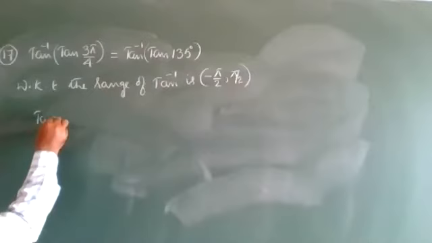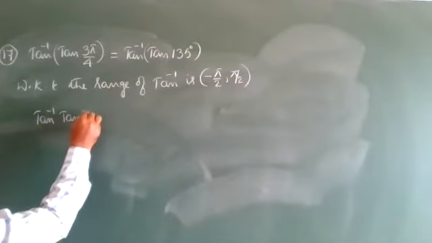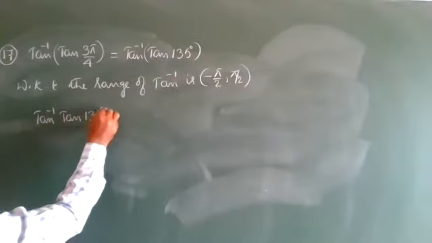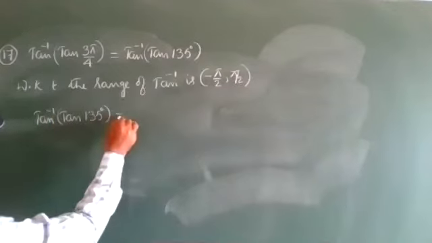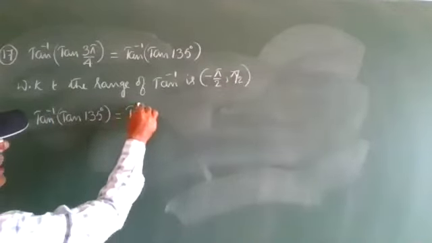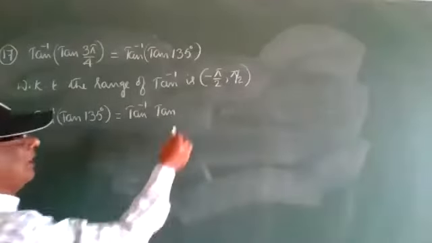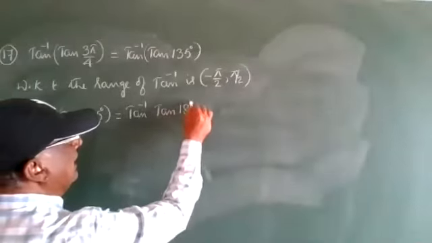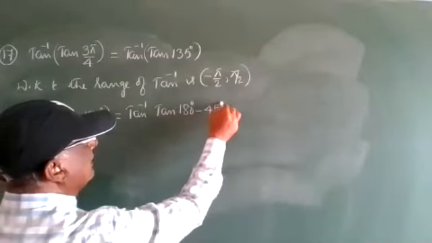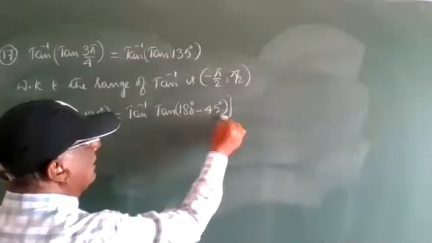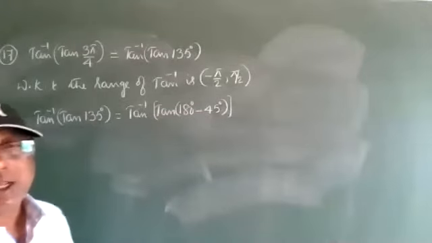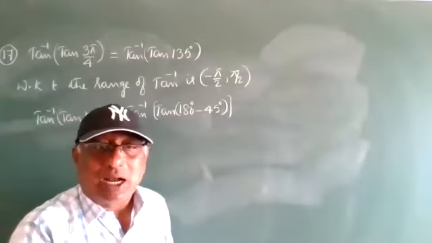Now see, tan inverse of tan of 135 degrees. I am going to write it as tan inverse of tan of 180 minus 45 degrees. Somebody will say, sir, write 270, the third quadrant.